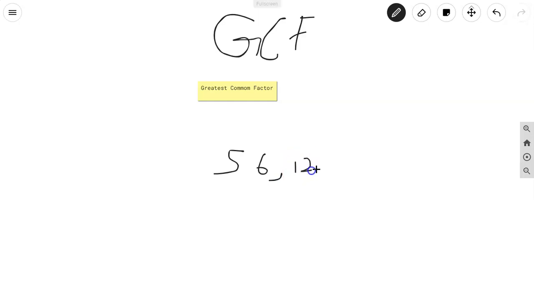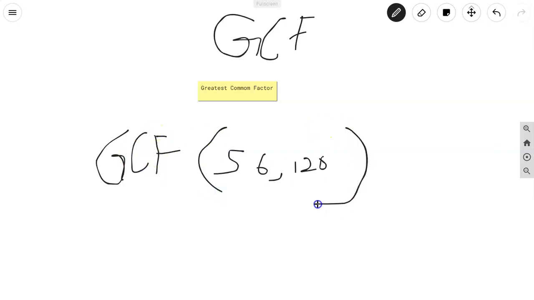Okay, so let's try that with 56 and 120, let's say. So let's say that this is the A, and this is the B, okay? So, let's subtract this 56 from 120, which turns out to be 56, comma, 64.